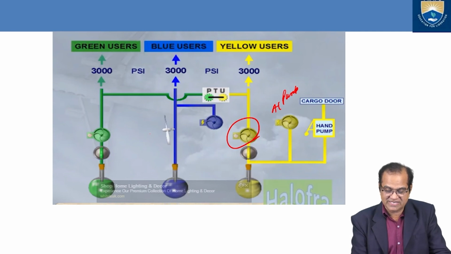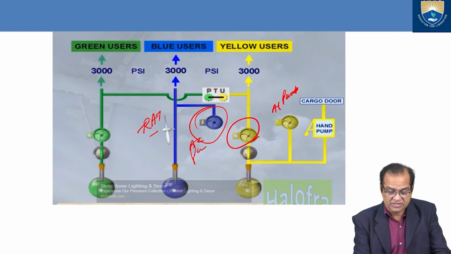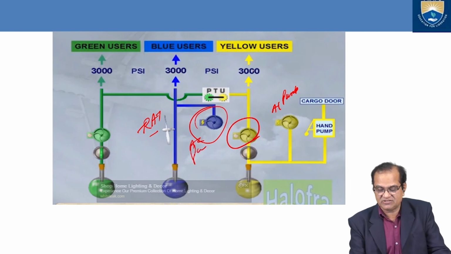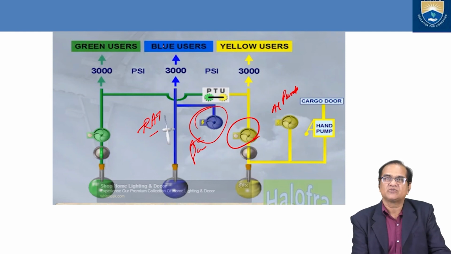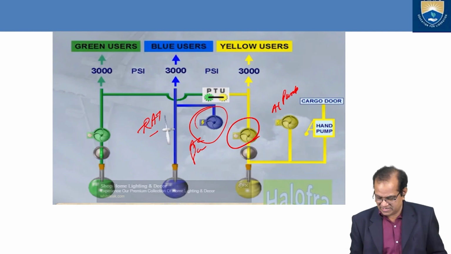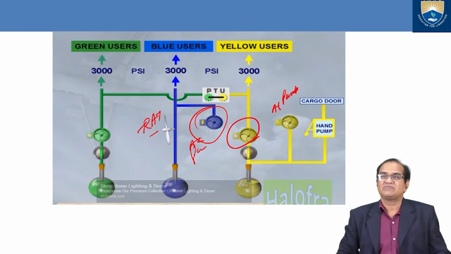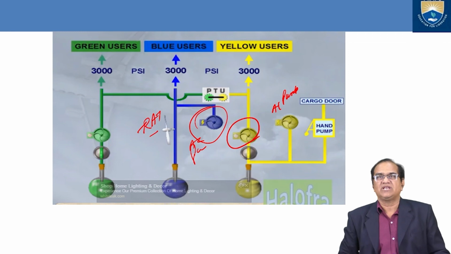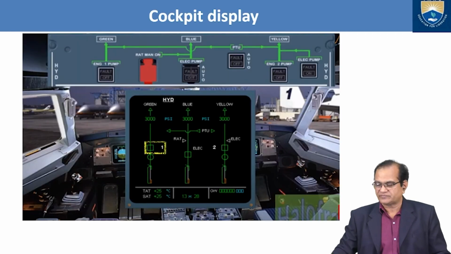Here is the right turbine, and this will operate this AC pump. So 3000 psi, 3000 psi, 3000 psi. This goes for the yellow user systems, this goes for the blue user systems, and this goes for the green user system. So in this way it is working, and these three types of systems are used for hydraulically operated systems.